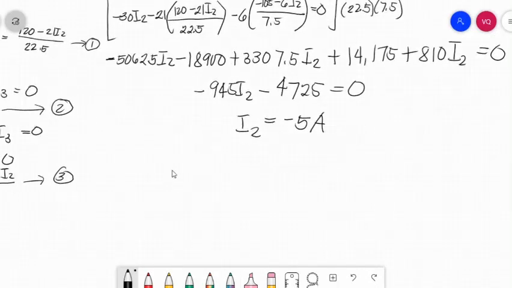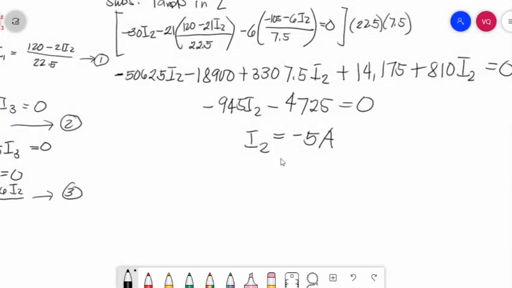Solving for I1, substitute the value of I2 here in equation 1.